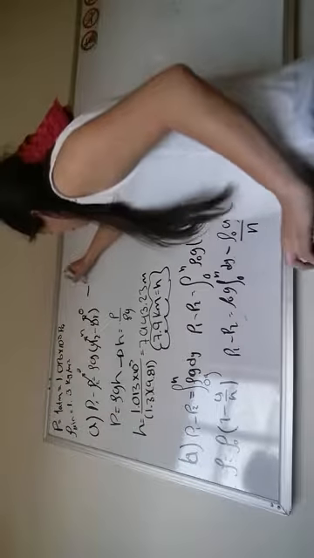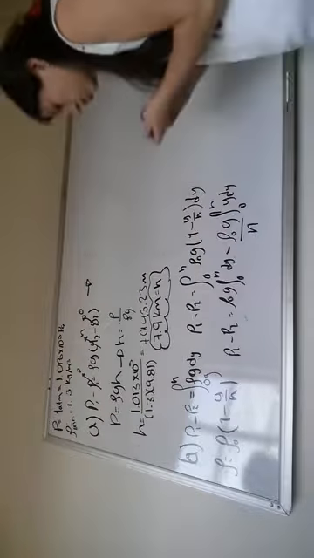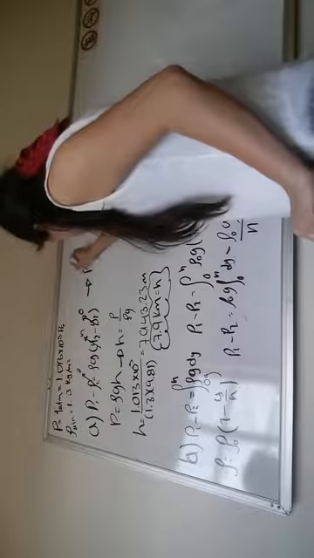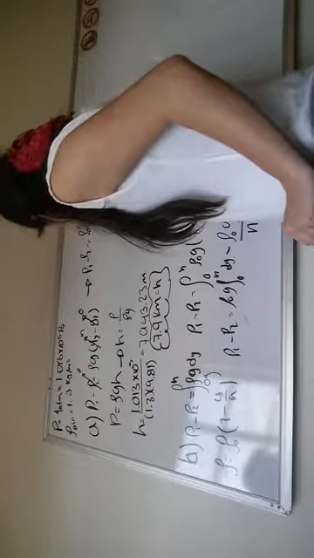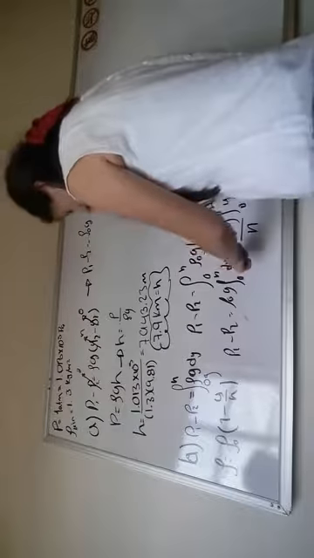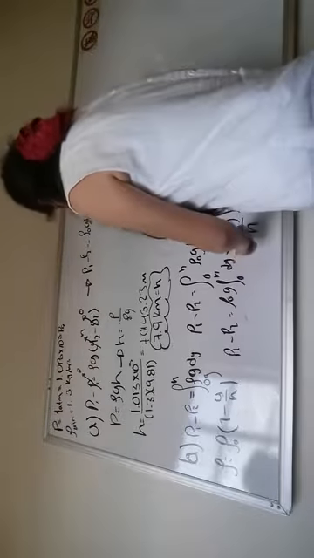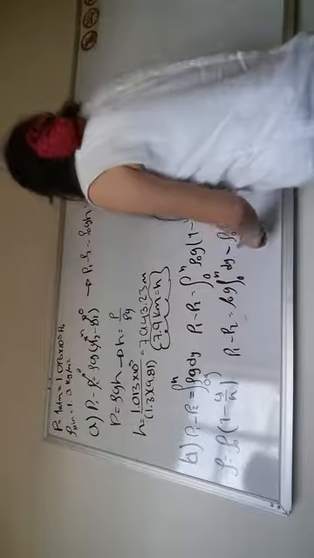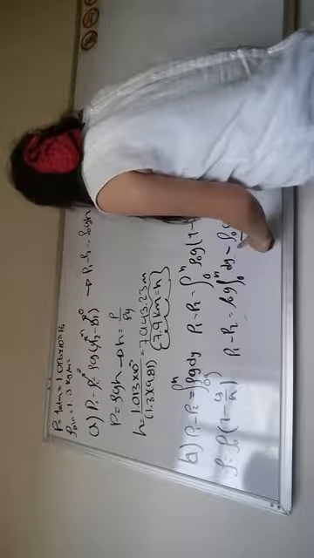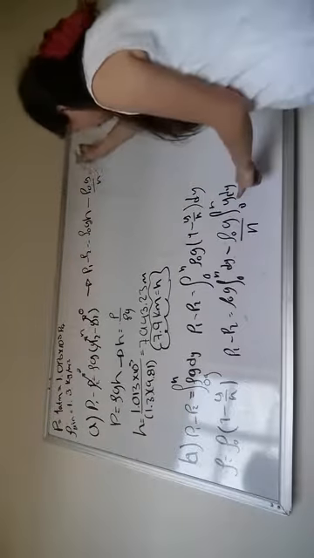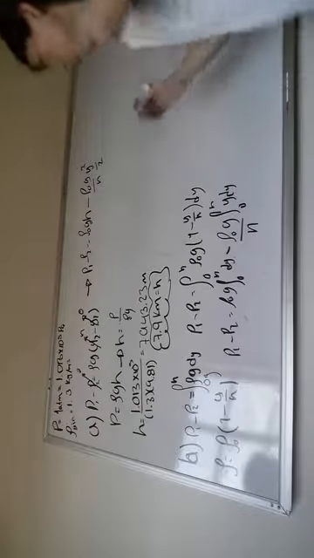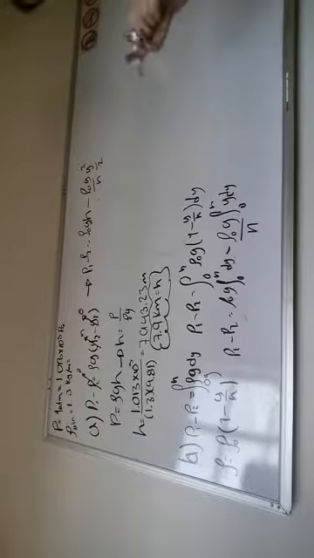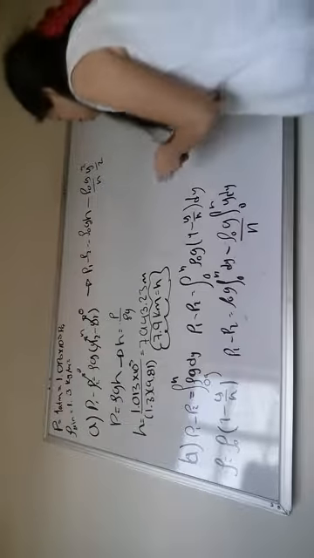So pressure 1 minus pressure 2 will be equal to initial density times gravity times H, minus initial density times gravity divided by H, but the integral of y is y squared divided by 2.